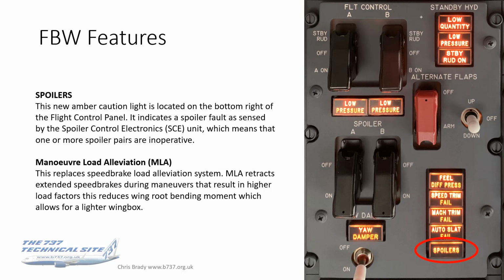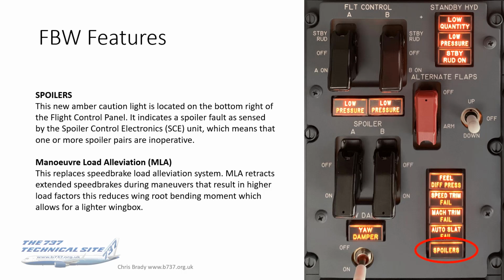It also gives us maneuver load alleviation, and this basically replaces the old speed brake load alleviation system. What it does is it retracts any extended speed brakes during maneuvers that result in high load factors that would reduce the wing root bending moment, and this allows a lighter wing box to be made, which keeps weight down. So what you're doing is you're reducing the strain on the wing, you're reducing the bending moment by this maneuver load alleviation function.